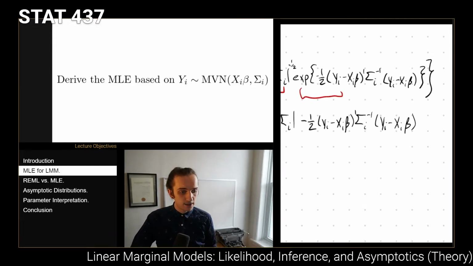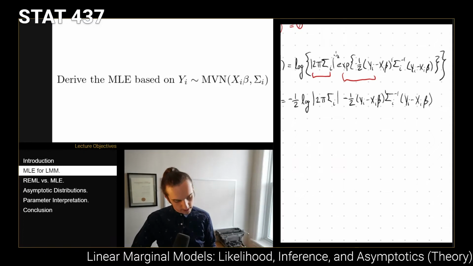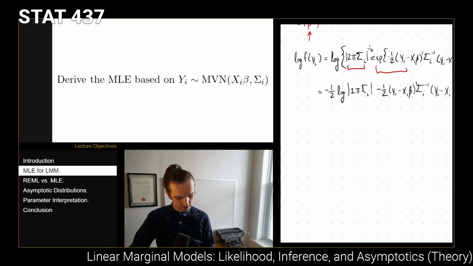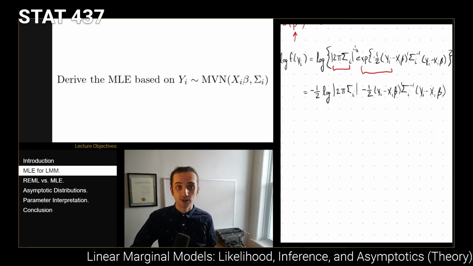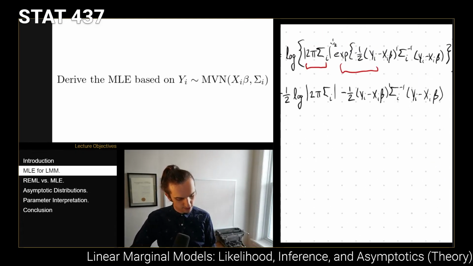From here, we want to get the score function by differentiating this with respect to beta.